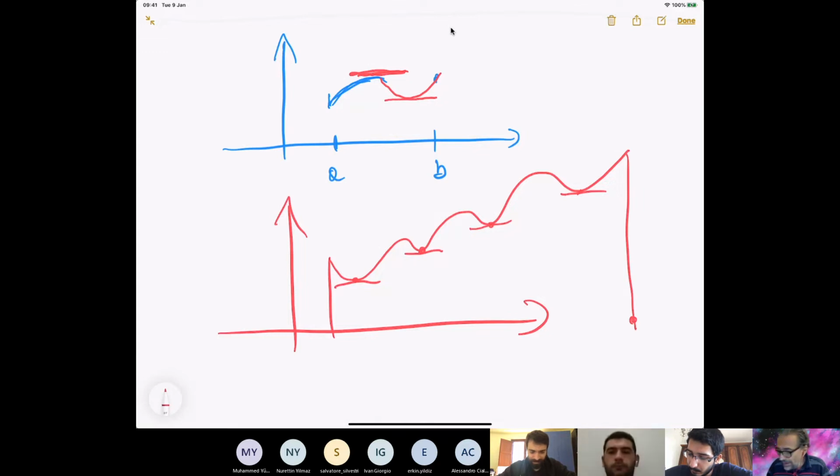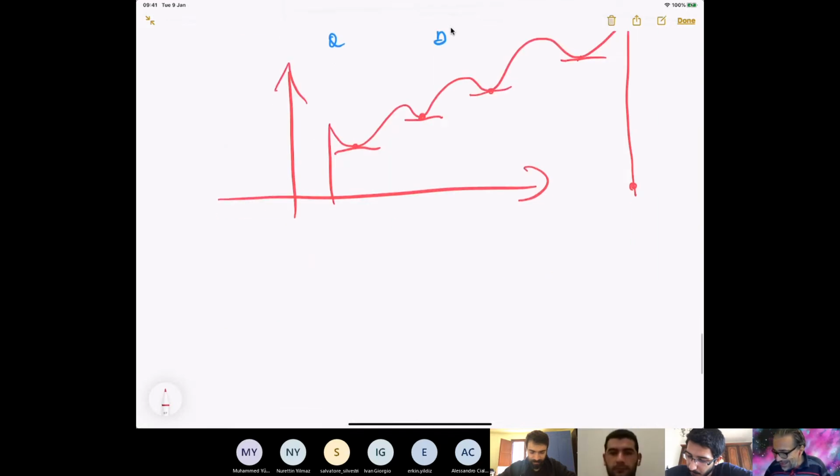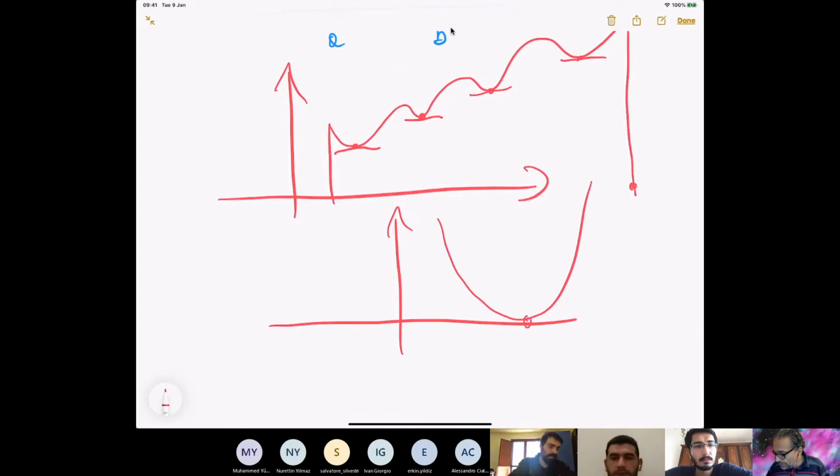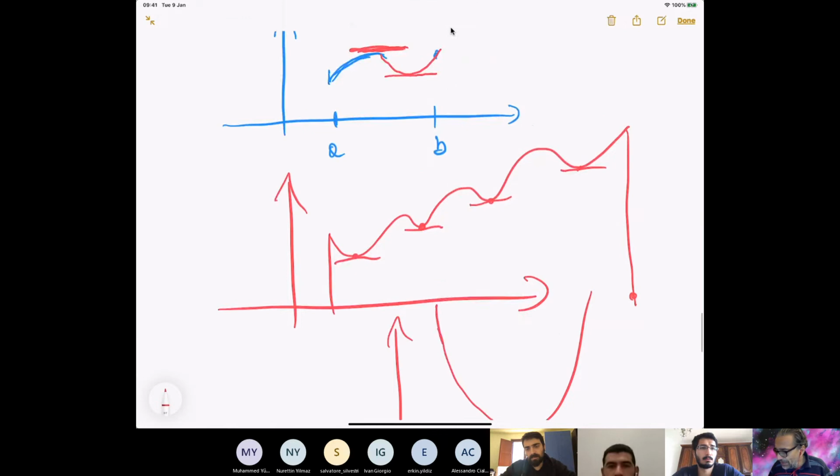Okay, this is obvious. Only for quadratic energies you have a unique minimum. In the very particular case of quadratic energies, you can say that you have a unique minimum. But in general, for non-quadratic energies, you have, in principle, several minima.